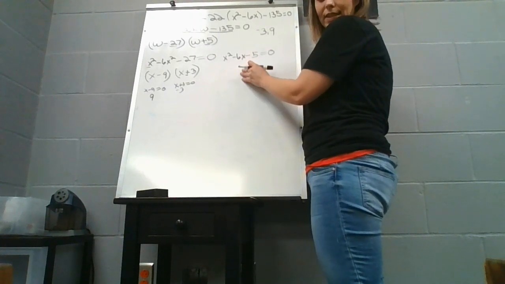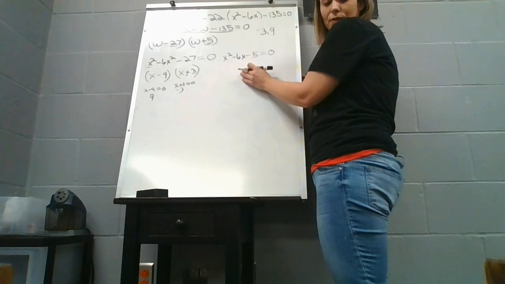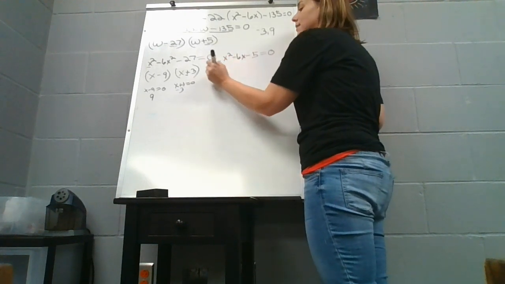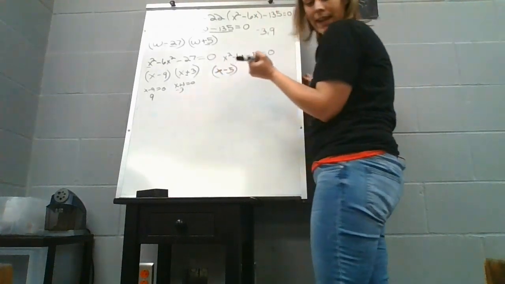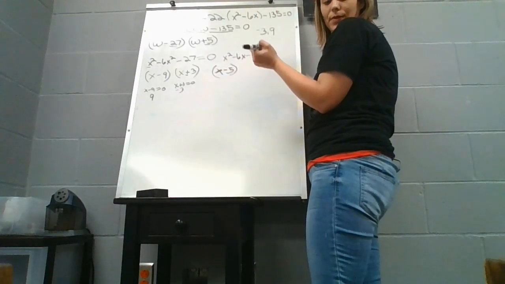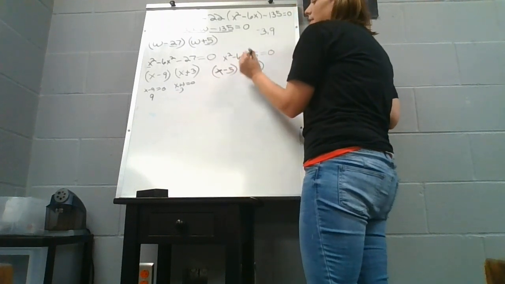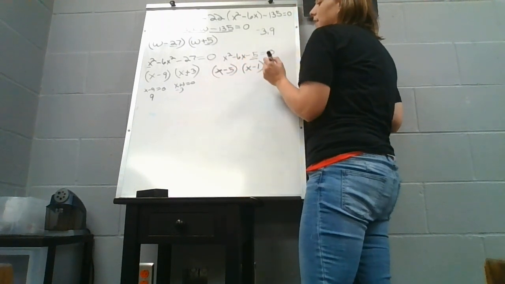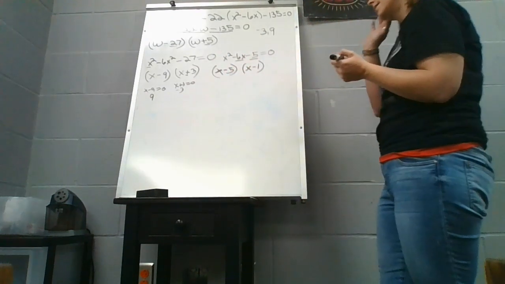To factor this out, we are going to do x - 5, and we're going to do x - 1. These two numbers multiplied give us negative 5, and these two numbers added give us negative 6.